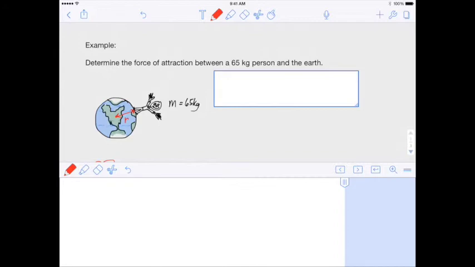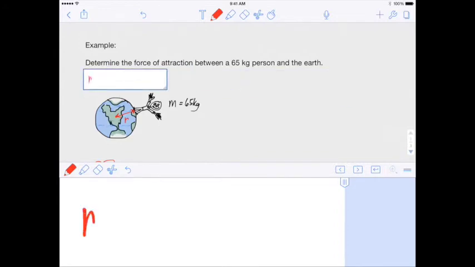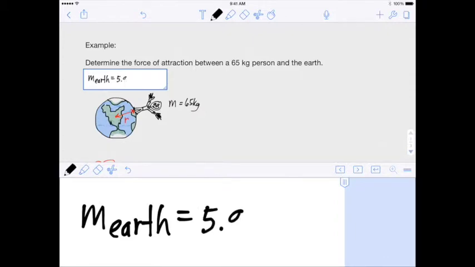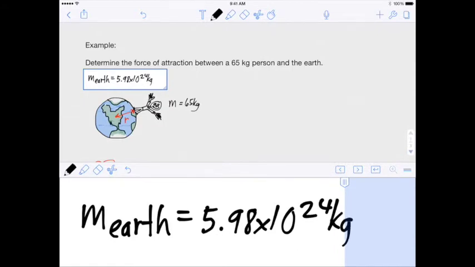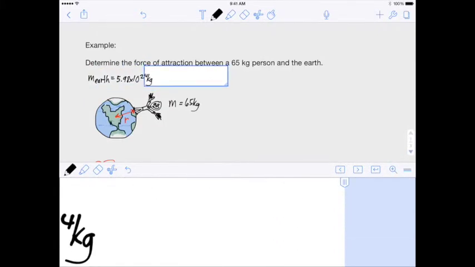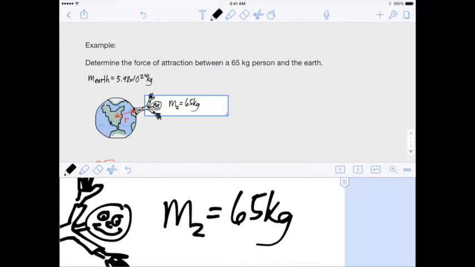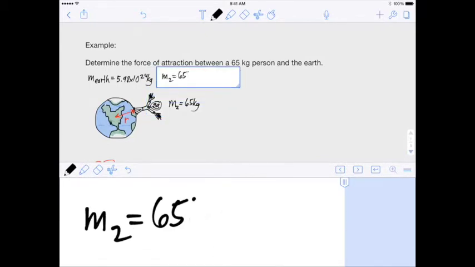The first thing we'll need is the mass of the Earth. Now, this is a constant value. This can be found in the appendix of any physics textbook. And its magnitude is 5.98 times 10 to the power of 24 kilograms. We know the mass of object 2 is the mass of this person, 65 kilograms.